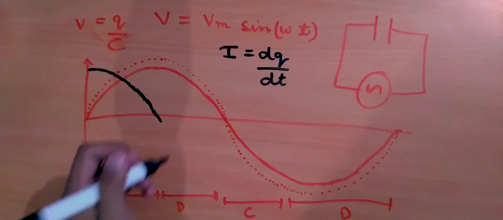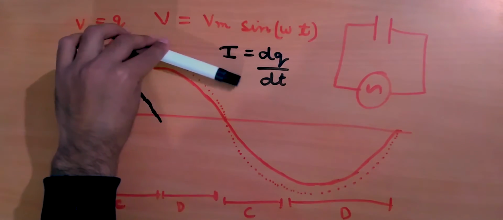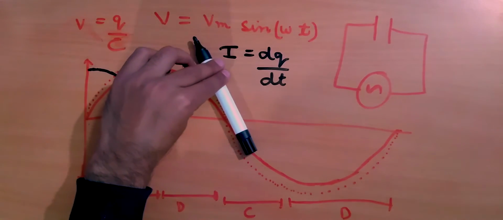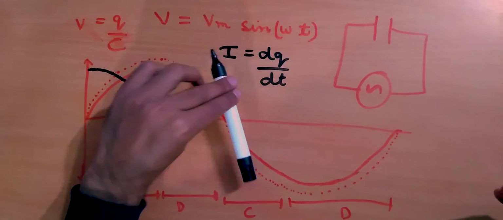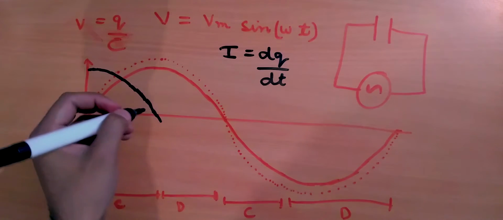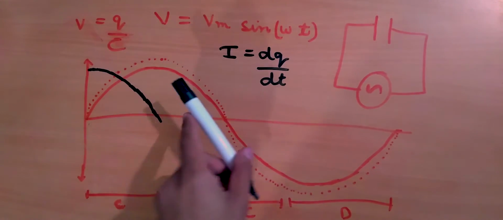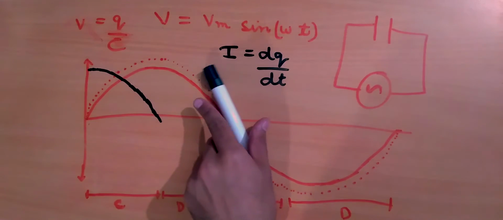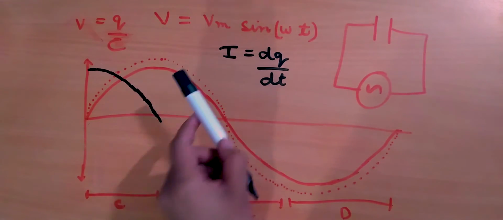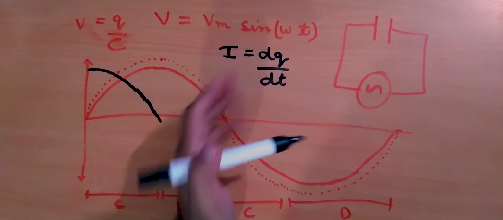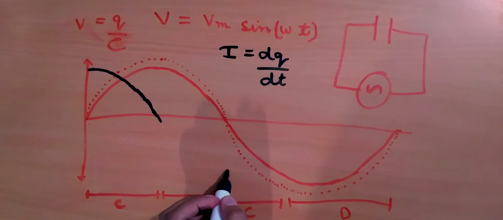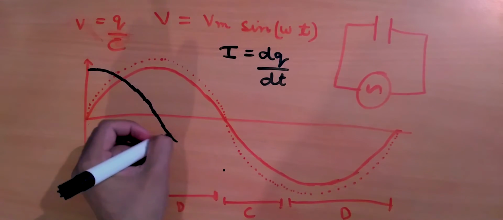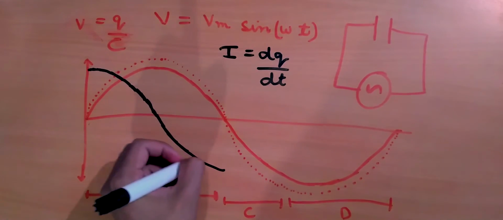You have negative current, and you can see the slope begins to increase in magnitude, but obviously the slope is negative, so the current must be negative, but the current should increase in magnitude, and the slope increases to this point. At this point it attains its maximum value, the slope. So at this instant in time the current must have a maximum value, let's say the maximum value of this much, and so it increases gradually and reaches its maximum value just like that.